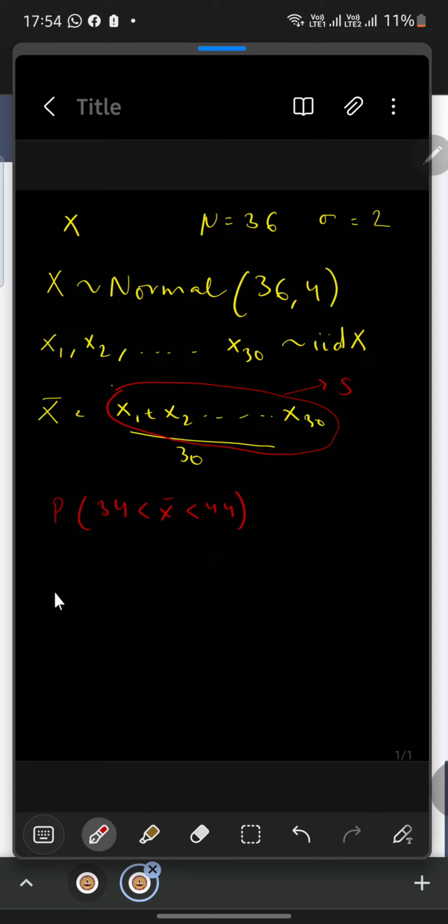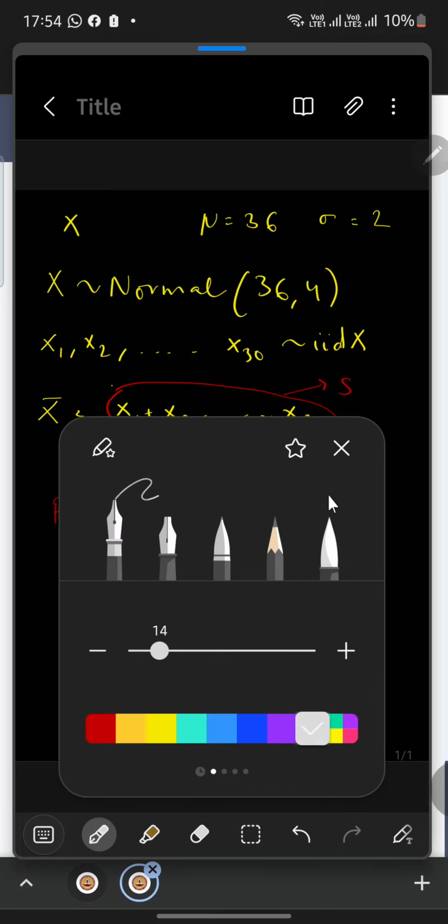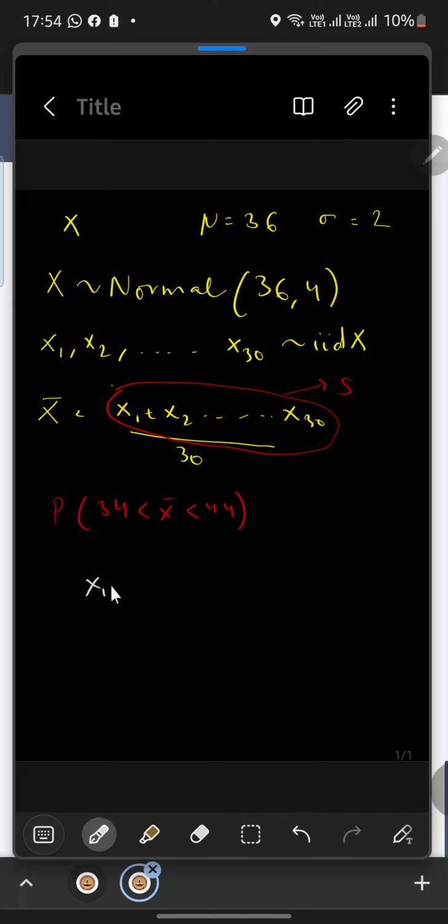we know that the random variable x1 plus x2 up to x30 minus n mu, divided by root n into sigma, right? This would be the normal 0 1. So we can write this part as s.